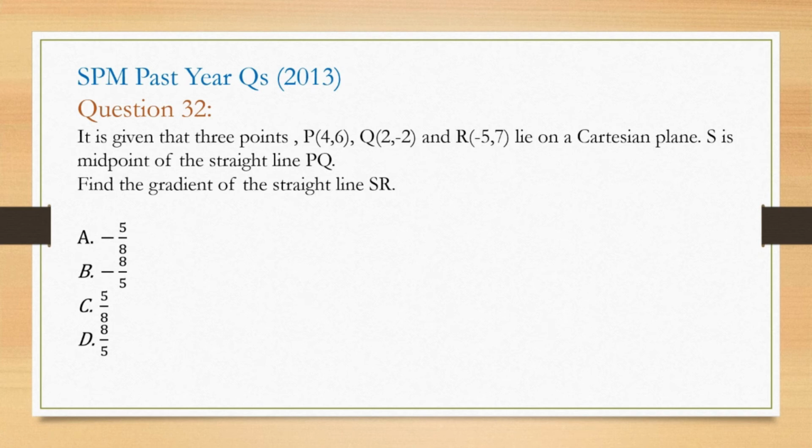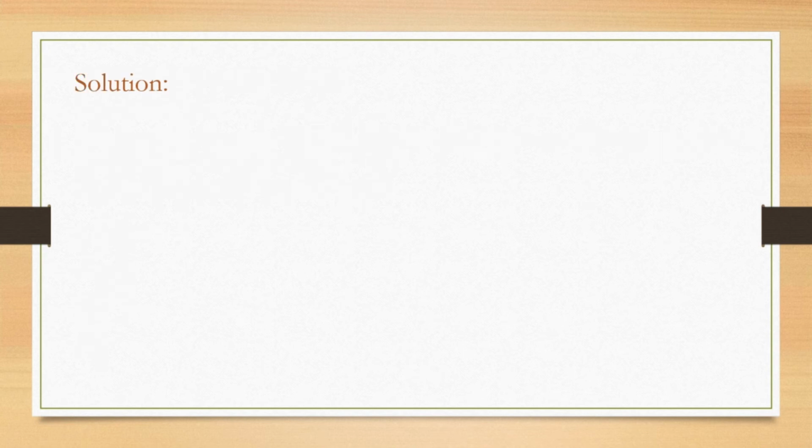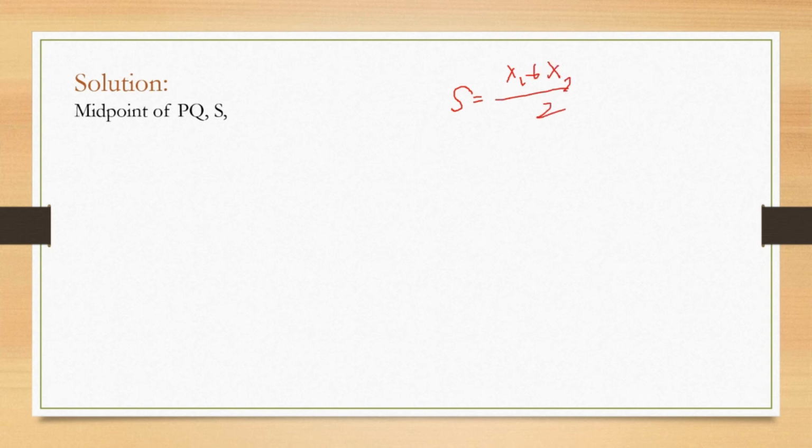Find the gradient of the straight line SR. To solve this question, we should determine the point S first, which is the midpoint of PQ. The formula of the midpoint is (x1 plus x2) over 2, (y1 plus y2) over 2.